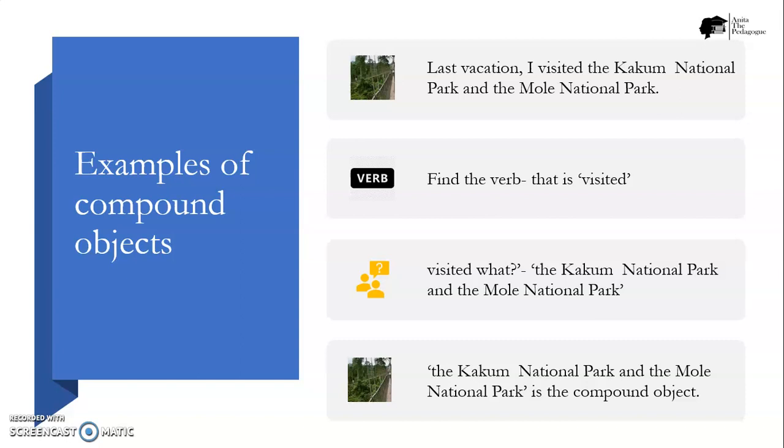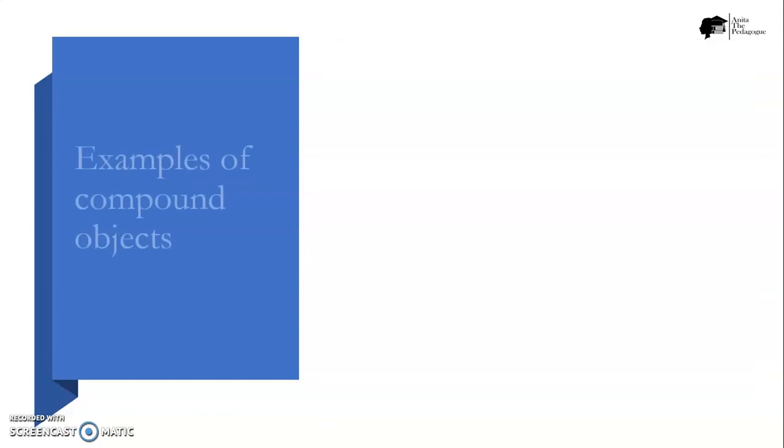The Kakum National Park and the Molly National Park is the compound object in this sentence because we have the Kakum National Park as one object and the Molly National Park as another object coming together, making two objects in this sentence. We therefore refer to them as compound objects.